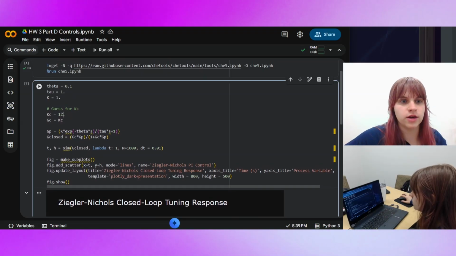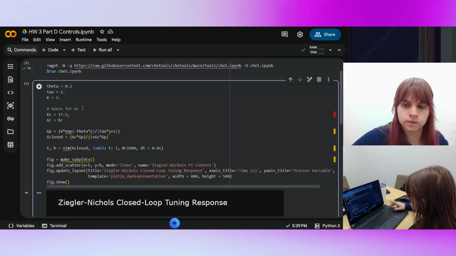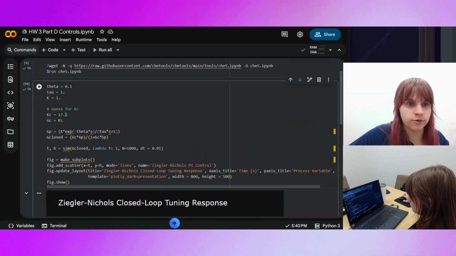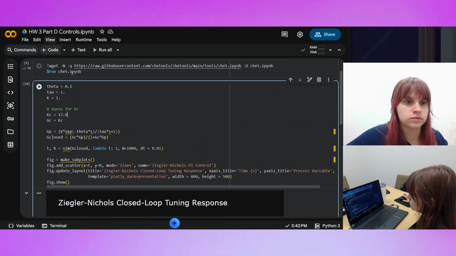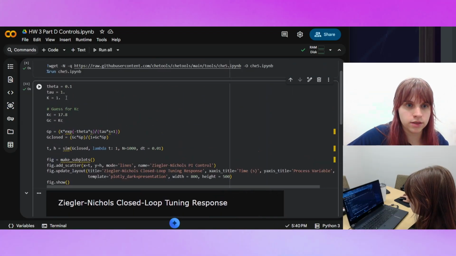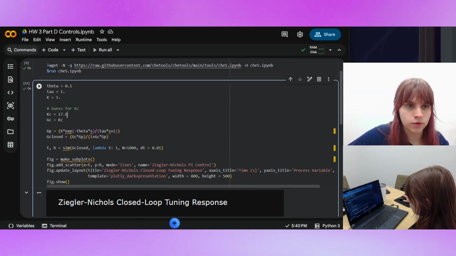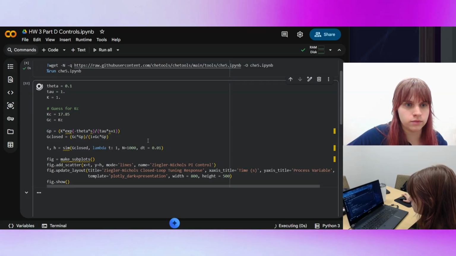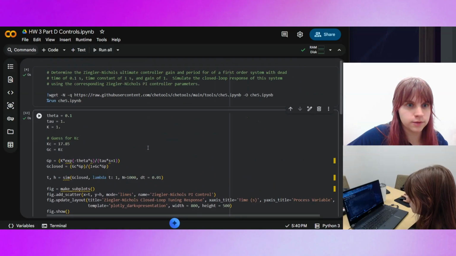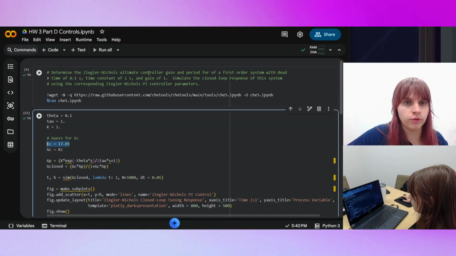So I'm going to say we're pretty close, probably. Let's do 17 and a half. Needs to be a little bit higher. Slightly higher. And that looks pretty constant. And that's how we guess and check for our ultimate controller gain.